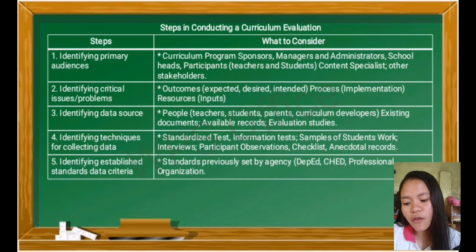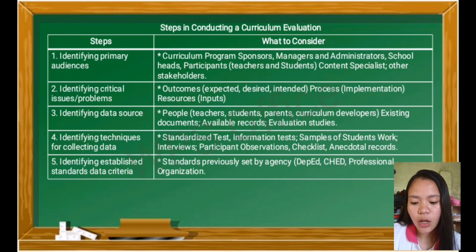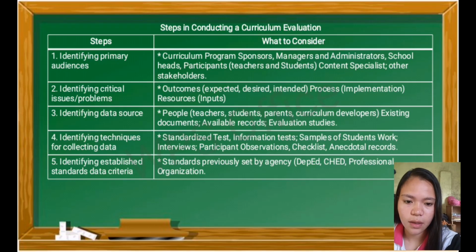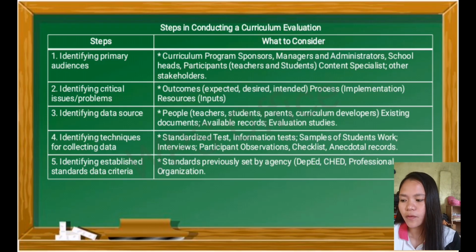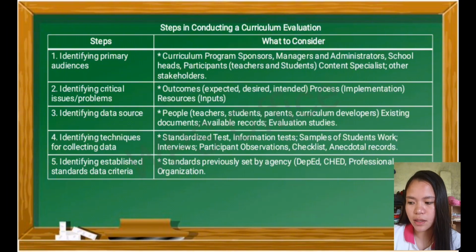So, whatever model of curriculum evaluation is to be used, OECD 1983 suggests the following steps. So, steps in conducting curriculum evaluation. Here are the steps and what to consider. First, the step is identify primary audiences.